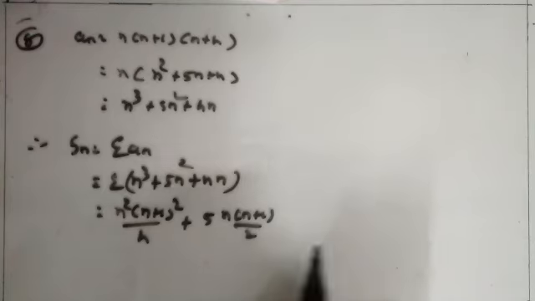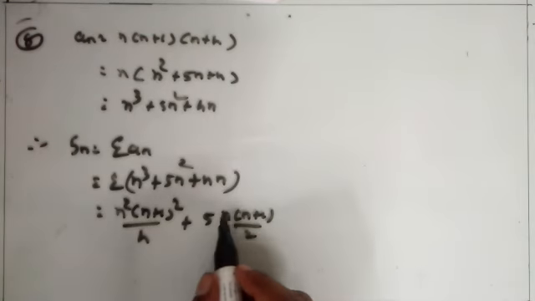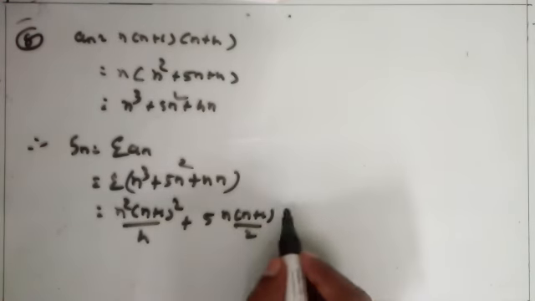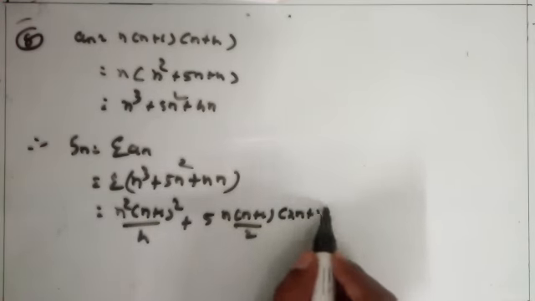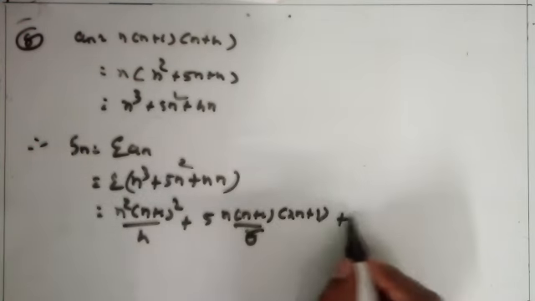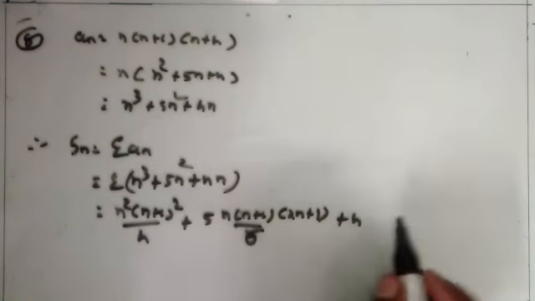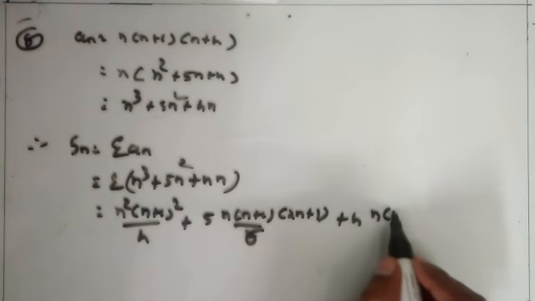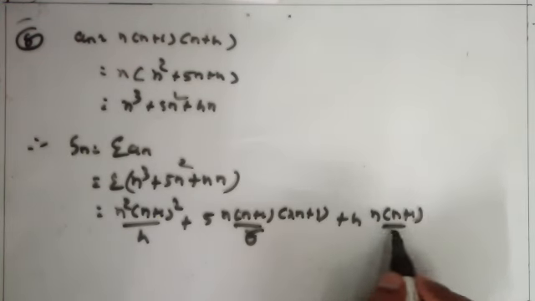Clear? So sigma n square is equal to n into n plus 1 into 2n plus 1 by 6, and 4 sigma n is equal to n into n plus 1 by 2. Clear?